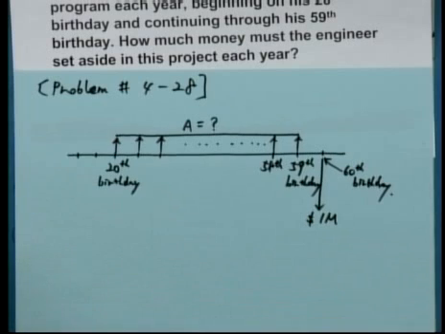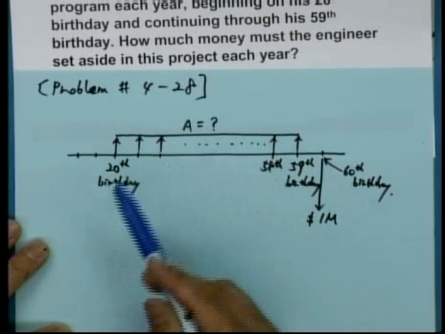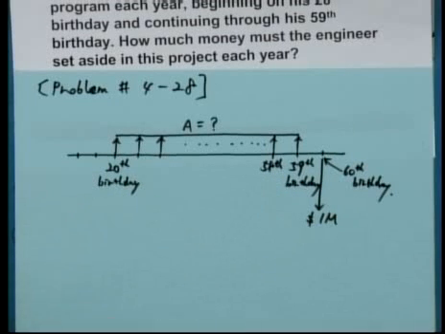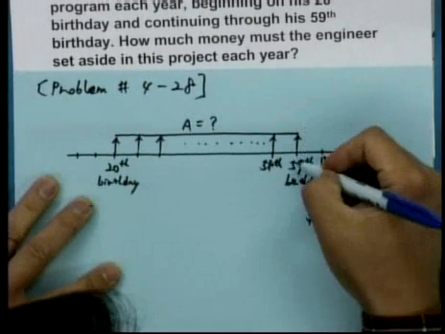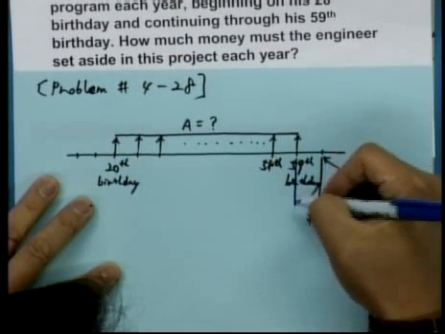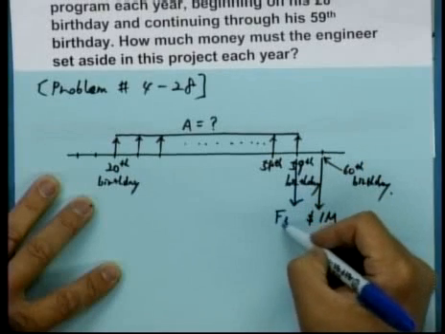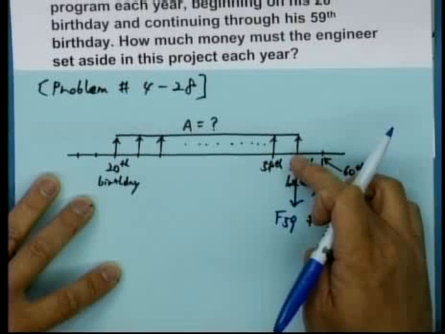So the diagram indicates that the problem is not in the standard form of the uniform series. So what I'm going to do is set a future sum, let's say F sub 59, at the end of the 59th period.